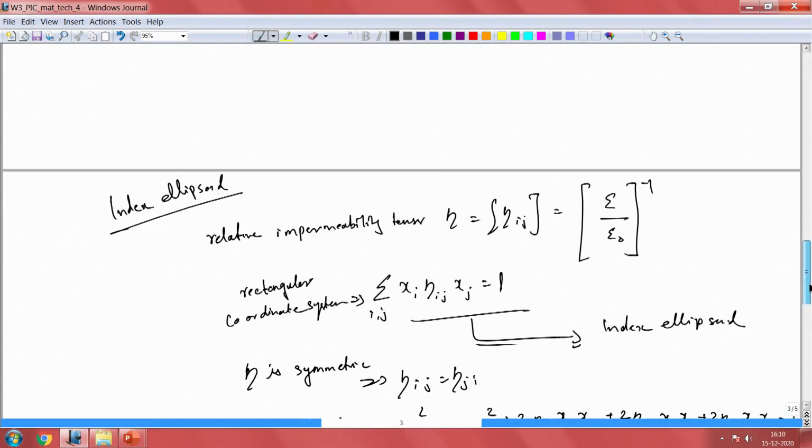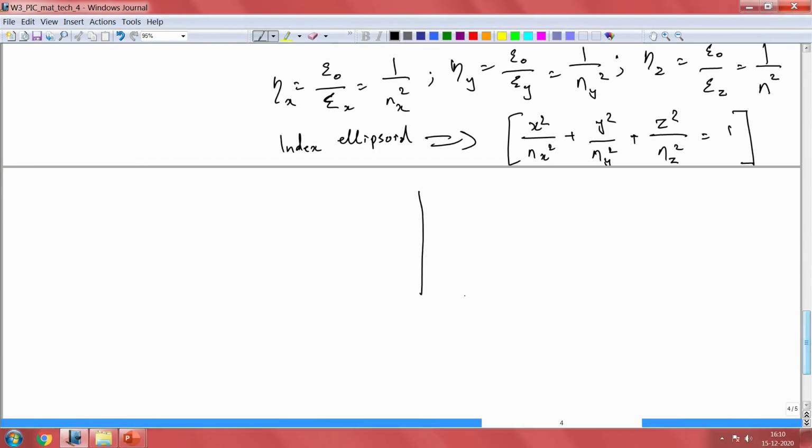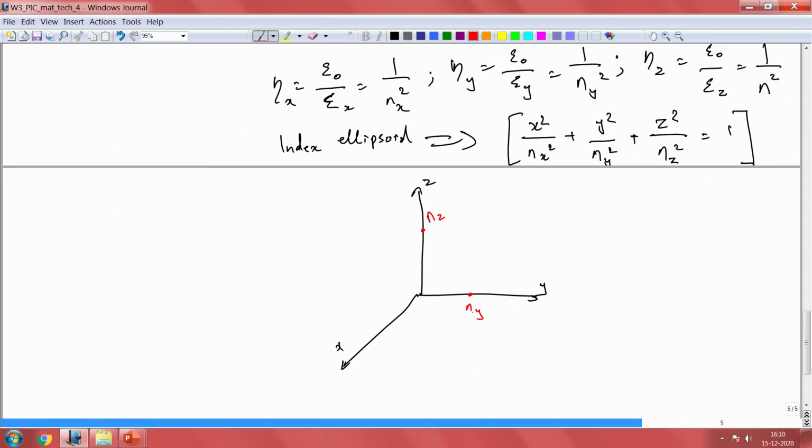So we started off with x, y, z, right. So let us construct that. Let's say this is z, this is y and this is x. So you have 3 different locations, right. So you have nz here, and let's say ny, and nx. Now you could draw an ellipse around this, right. So when you do that, you will have an ellipsoid.